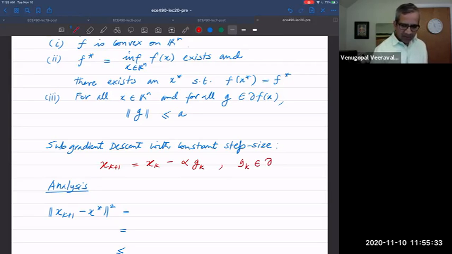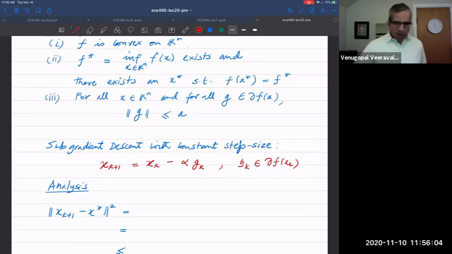So gk belongs to the subgradient set at xk. That's our subgradient descent. How should you pick the one gradient in that set? That gets into finer details. Right now we're going to assume we pick that gk arbitrarily in the subdifferential set at xk.